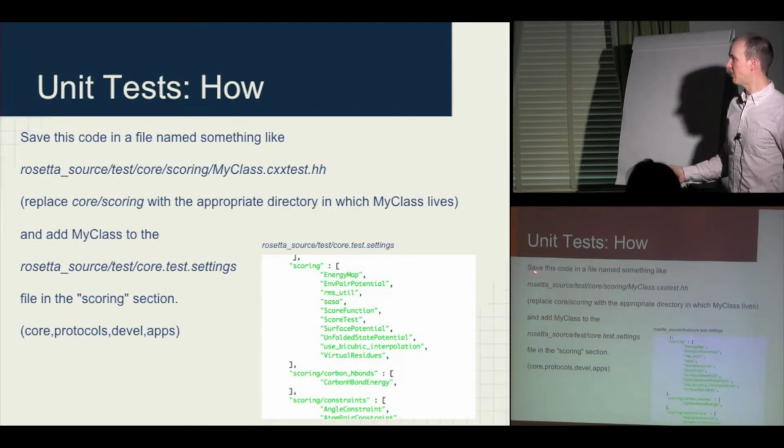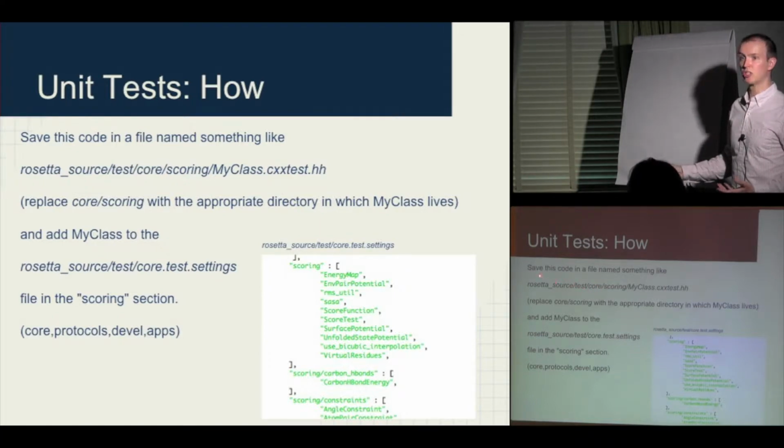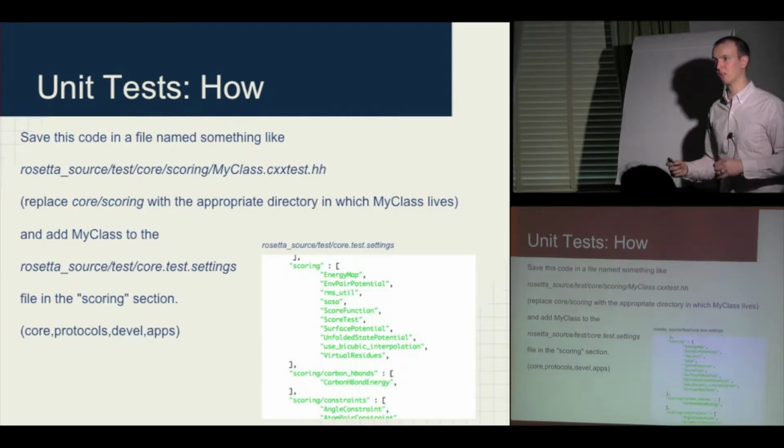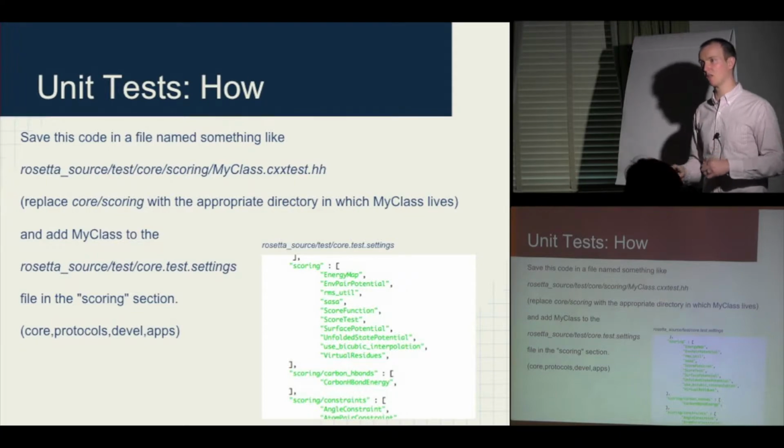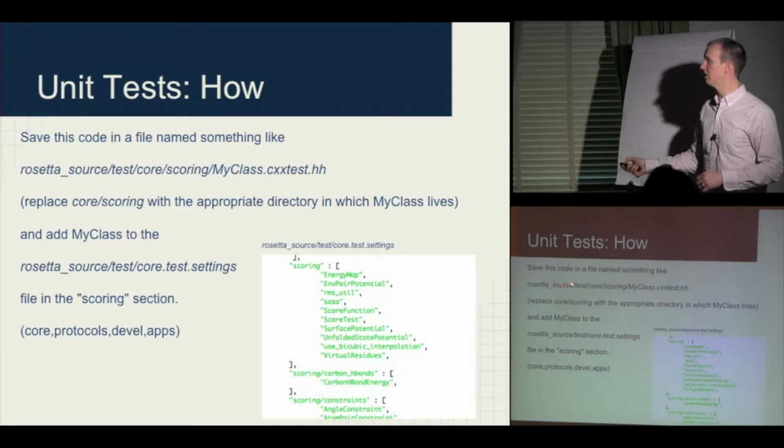Okay, so how are you going to do it? So you're going to save your code in a file. So in the Rosetta source directory, there's the test subdirectory. So often we have you looking in Rosetta source and then the src subdirectory. That's where all the code that you've looked at so far lives. But in the test subdirectory here, and this is not to be confused with the integration test directory, which is sort of in a different place altogether.